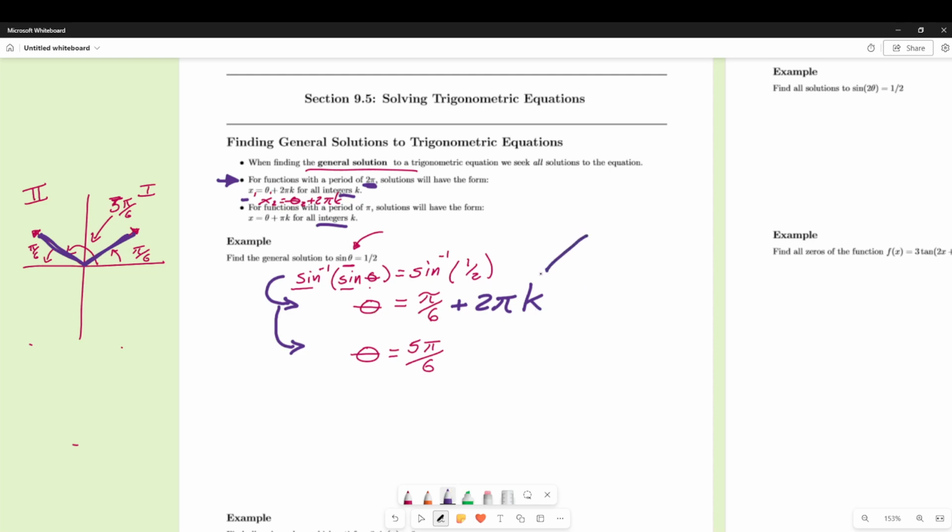I really do want you to think of this as "and everything coterminal," because that's really what that's saying. But also for 5 pi over 6, we also get 5 pi over 6 and anything coterminal to it.